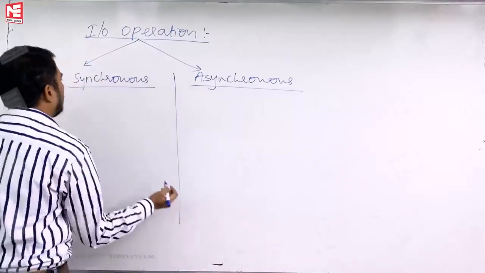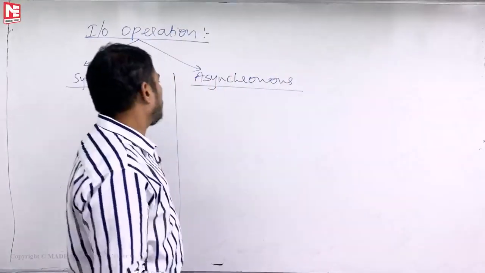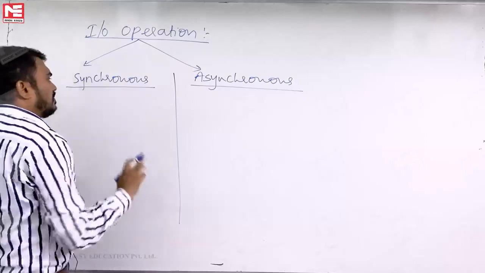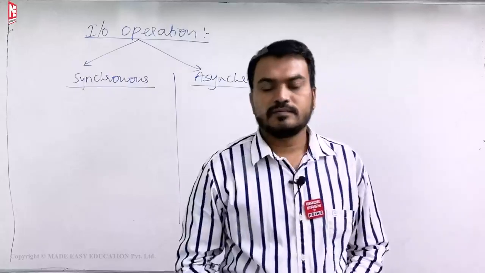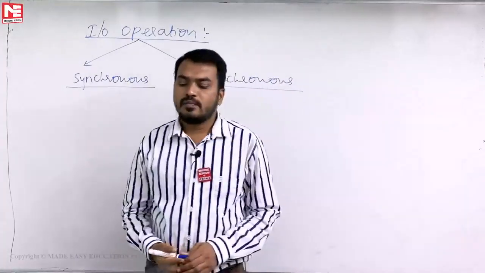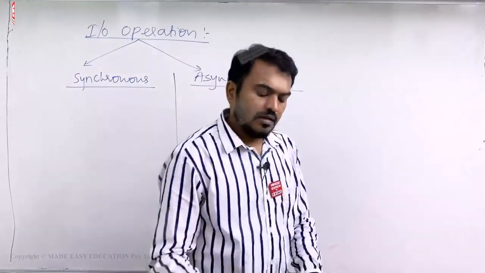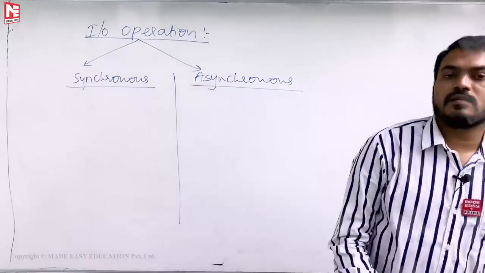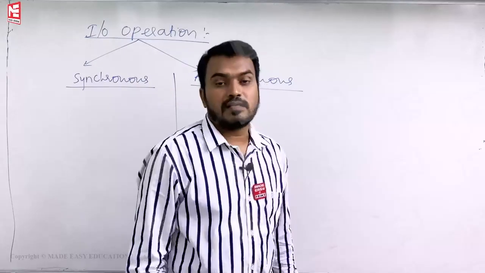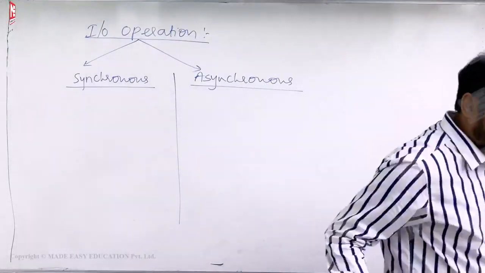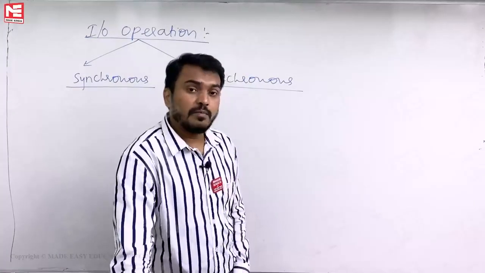So what is the meaning of synchronous and asynchronous IO? First, keep the heading synchronous IO. Note down the first point: in synchronous IO, the process performing IO operation will be placed in the block state.